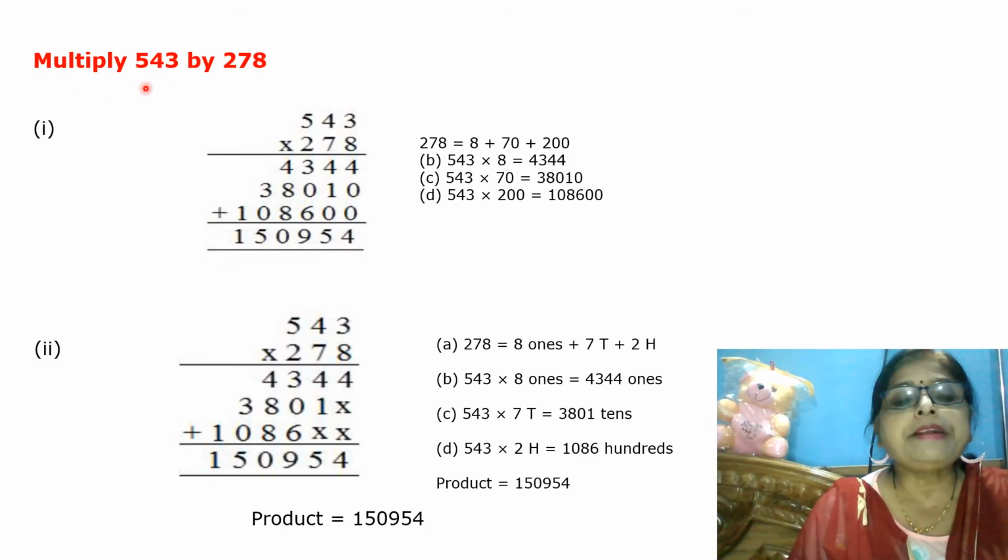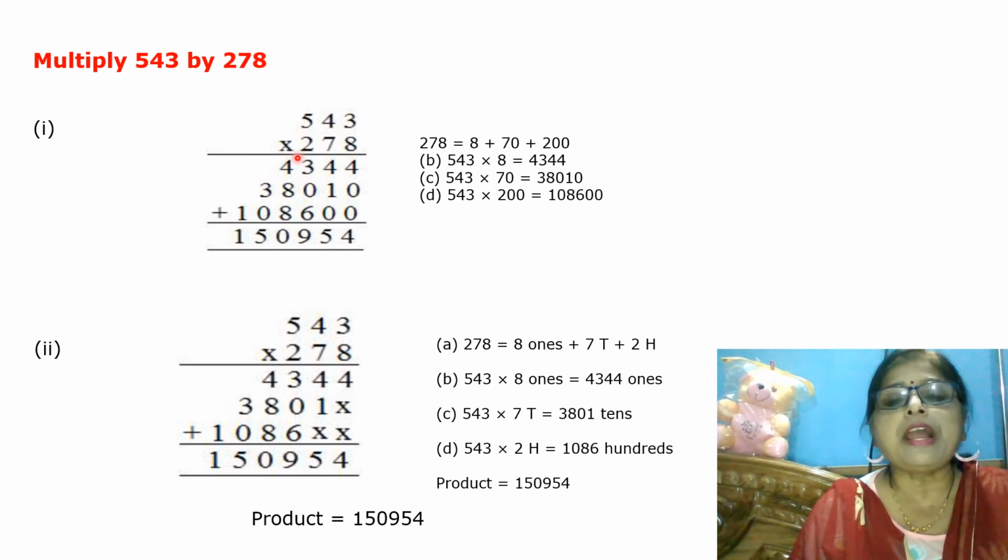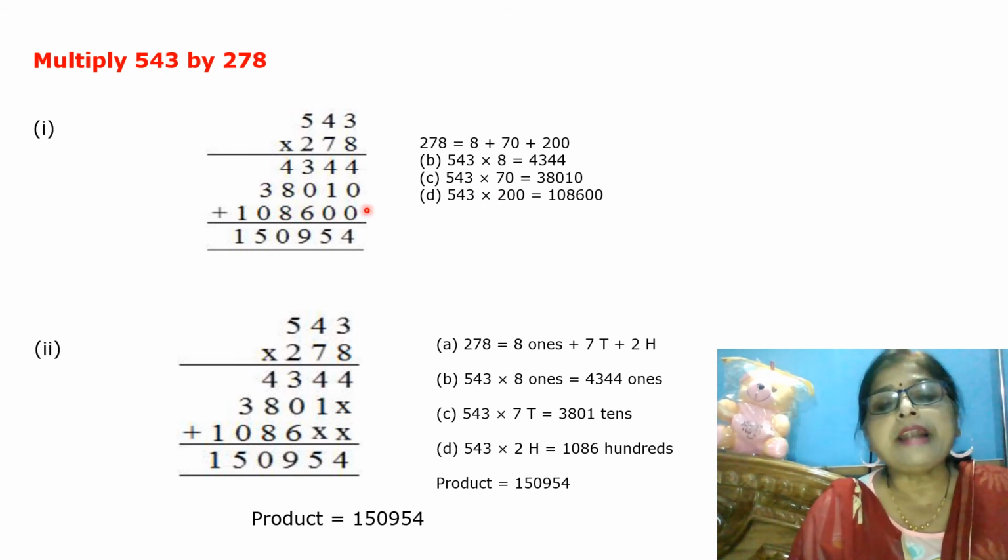Next, multiply 543 by 278. Again in the same process, 543 and 278. Write down here, 278 is equal to 200 plus 70 plus 8. First you multiply 543 by 8, that is 4344. Again 543 multiplied by 70, that is 38,010.